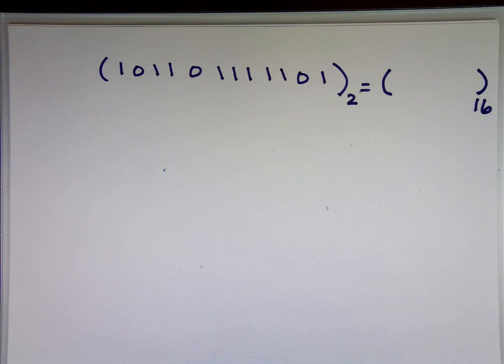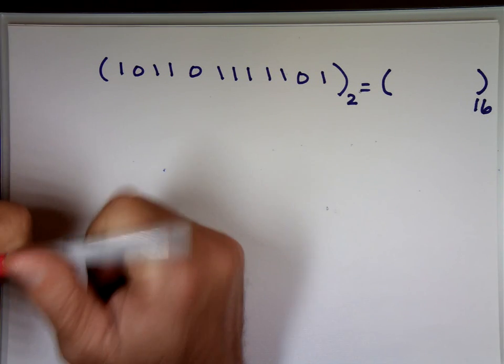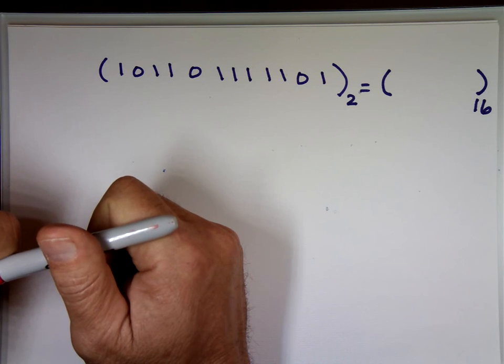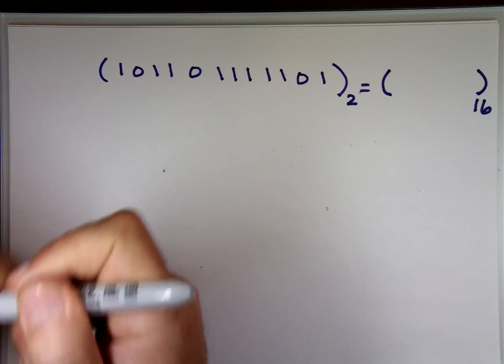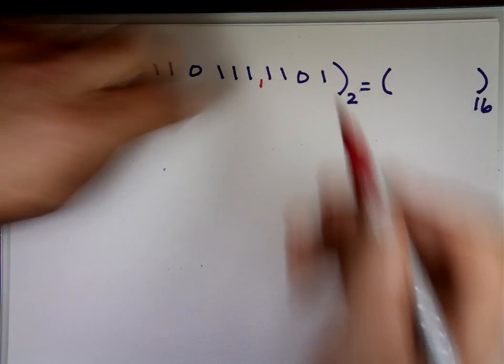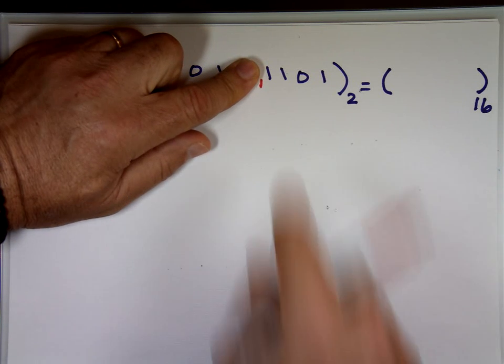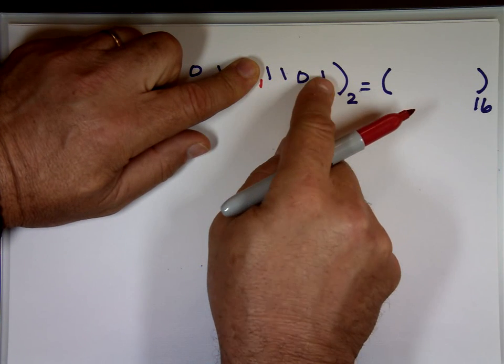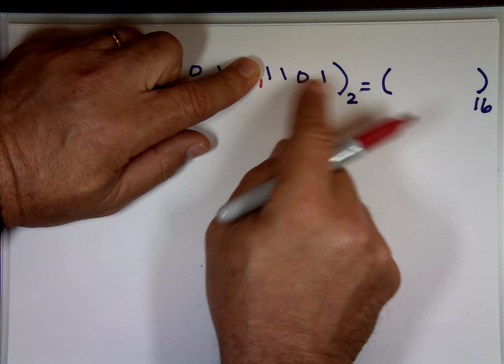Work it backward. What do I mean work it backward? Break it down to groups of 4s. There's the 14. Let's look at this. What's that? 8, 4, and 1. What's 8, 4, and 1? 13. What is 13? Is that D?